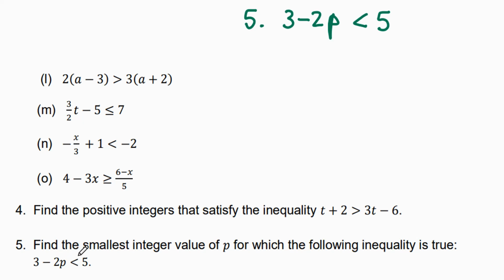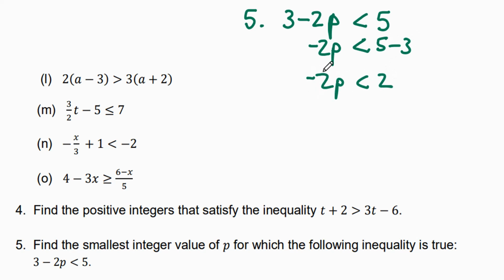In question 5 it says, find the smallest integer value of p for which the following inequality is true. So this inequality. Let's first solve the inequality. We can take the 3 to the right-hand side and it becomes negative 3.